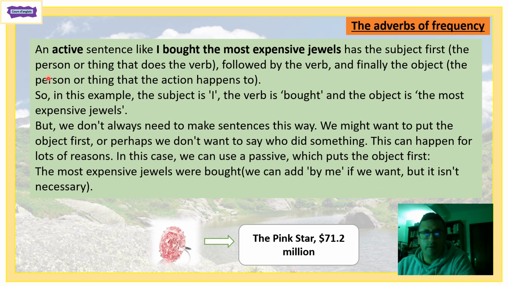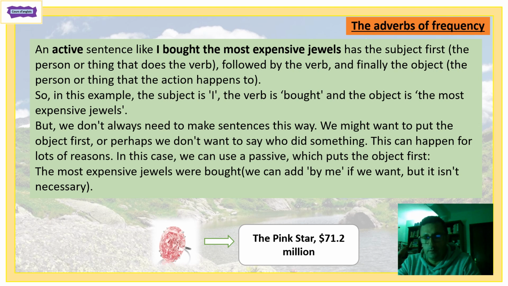Alors là, je vais vous traduire. Une phrase active comme I bought the most expensive jewels, j'ai acheté les bijoux les plus chers, a le sujet en premier. La personne ou la chose qui fait le verbe suivi du verbe.